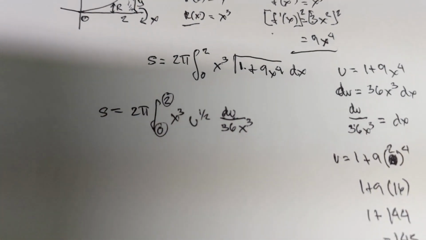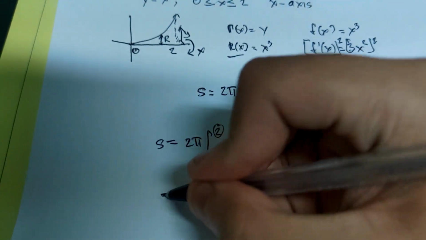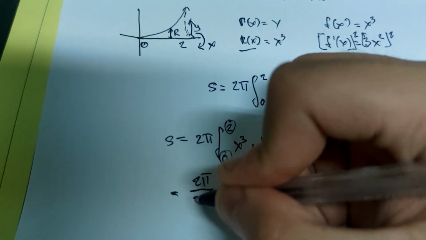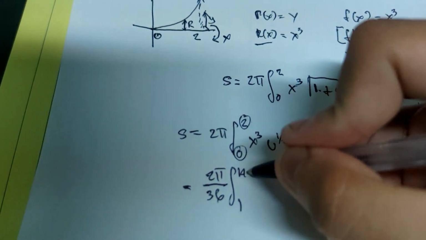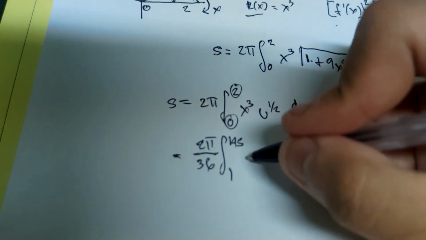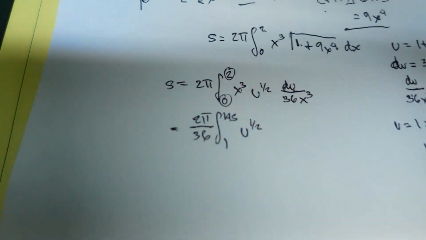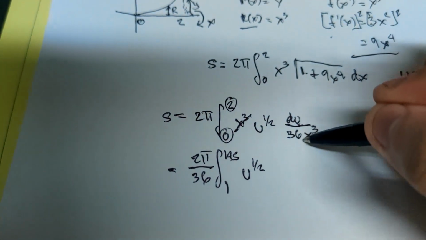So now we can substitute this one. And as you can see from this problem, we can cancel out some of them. We cancel the x cubed here and here.